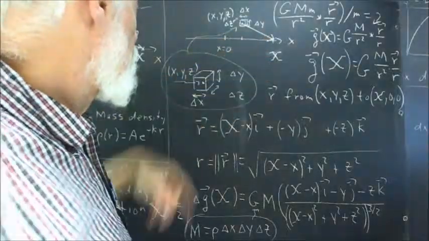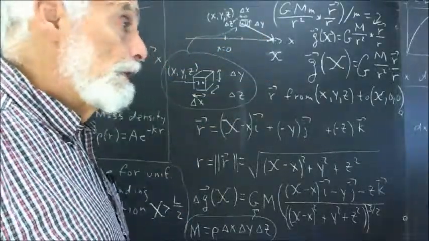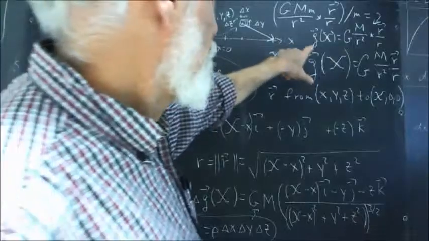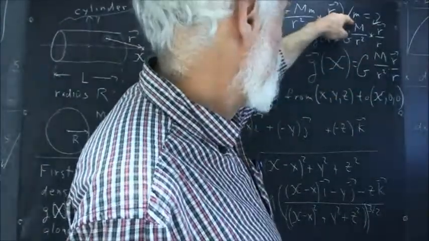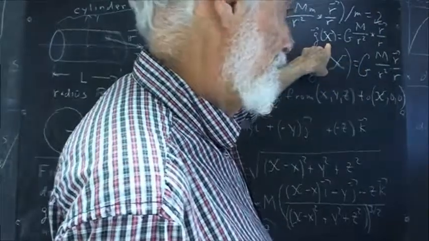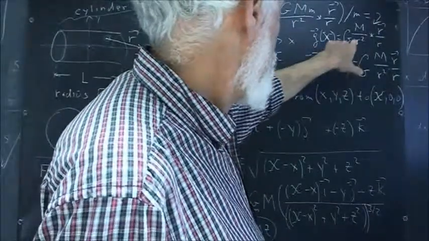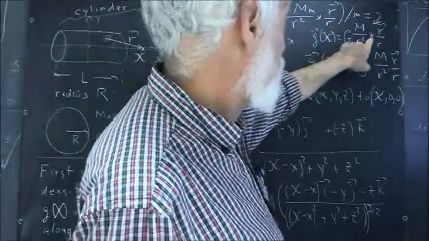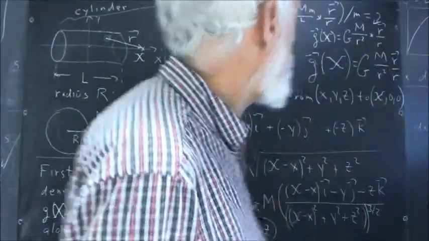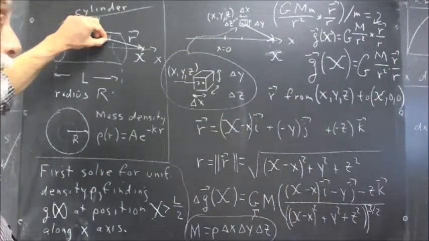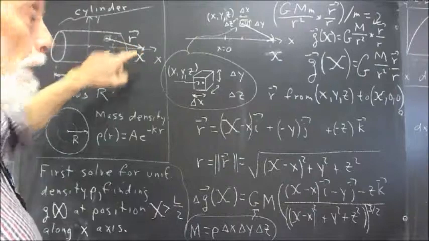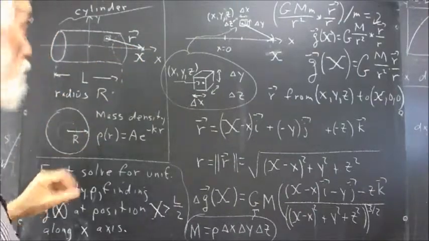Now, the R vector is important, obviously, because we define the gravitational field due to a mass big M at a point big X to be G times big M over R squared times the unit vector R over R, where the vector R is the vector from the position of the mass to the point at which we're trying to calculate the field.